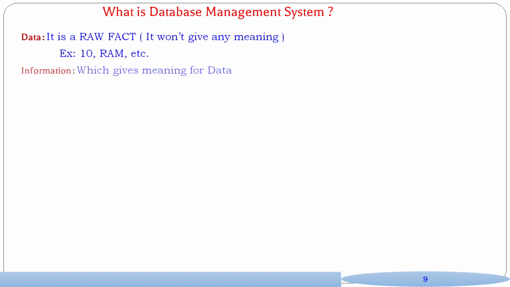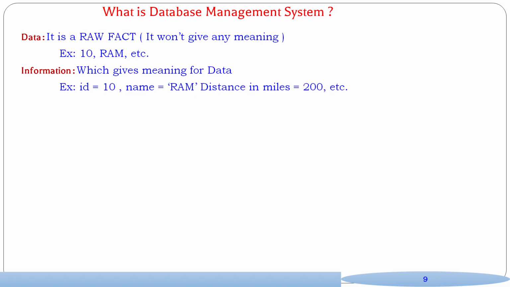The next one is information. Information means something which gives meaning to the data. For example, here I'm assigning 10 as an identifier, ID equal to 10. So 10 denotes the identifier. Similarly, RAM here denotes the name.